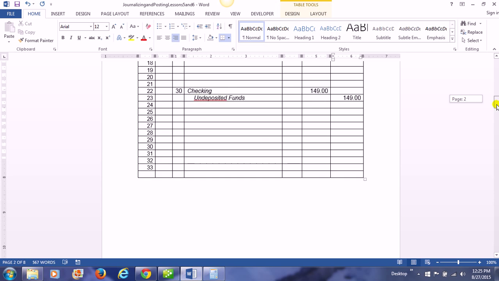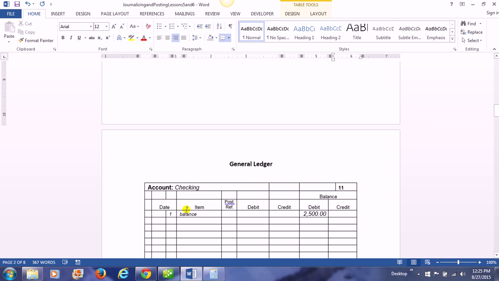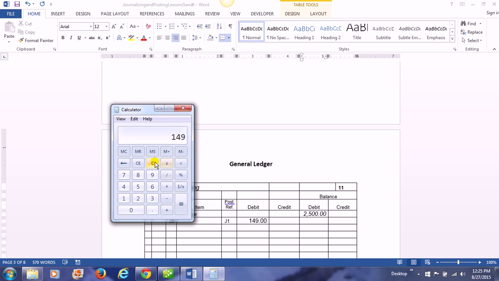So let's go and post to checking on the 30th. So we need to calculate a new balance in the checking account. So we are going to add $149 to the $2,500 balance.